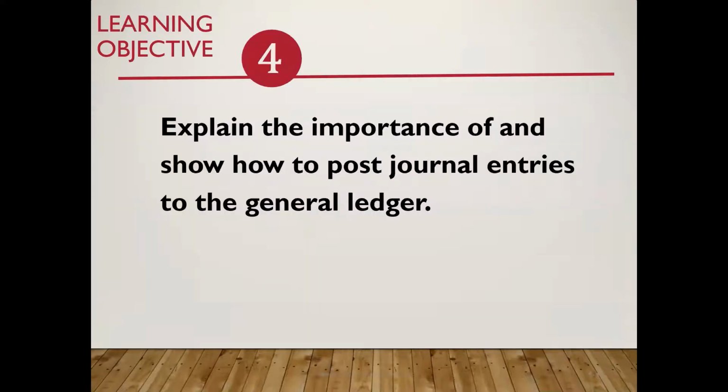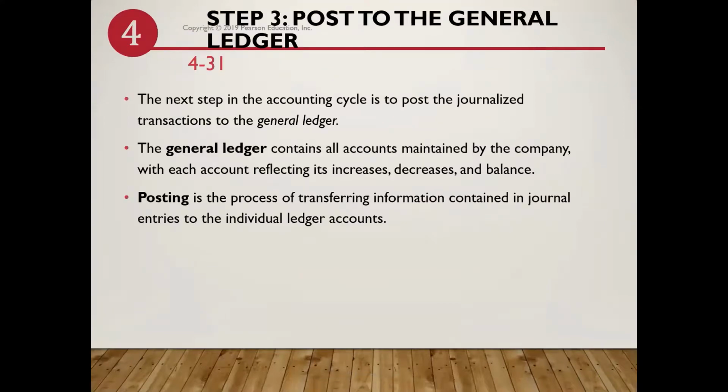We're going into Objective 4, which is to explain the importance of and show how to post journal entries to the general ledger. Now, each account balance is maintained in a single location for management analysis. An account has a debit balance if debits exceed credits, and a credit balance when credits are greater than debits.